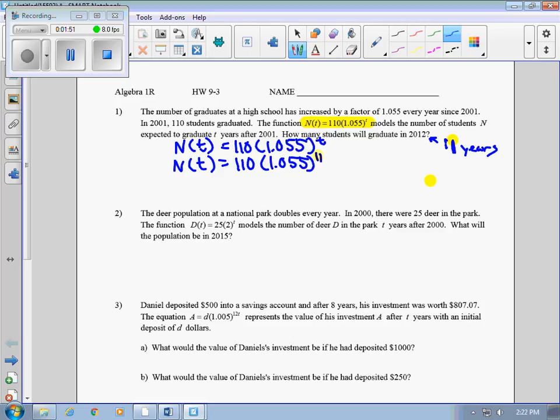How many students will graduate in 2012? You go ahead and plug that in your calculator.